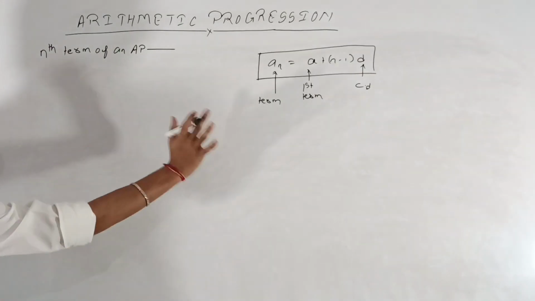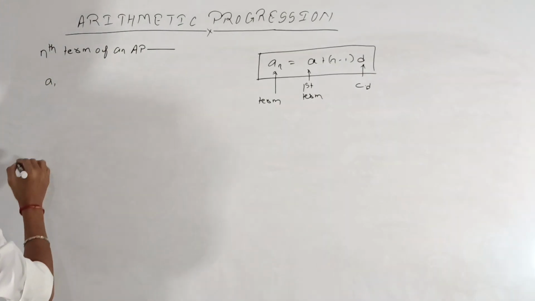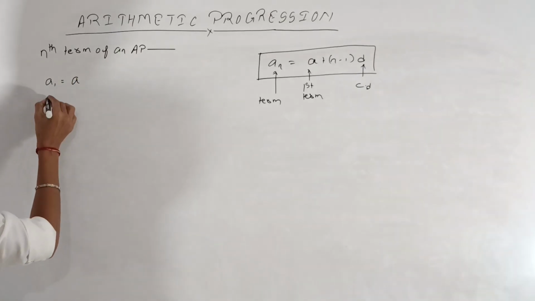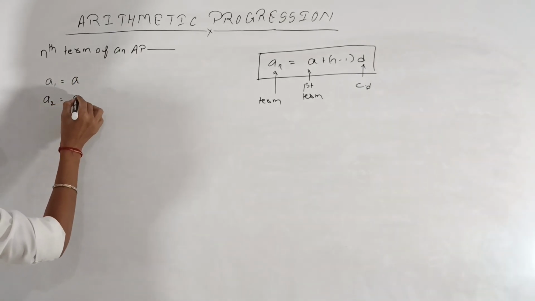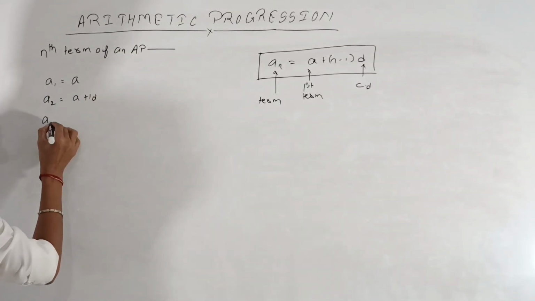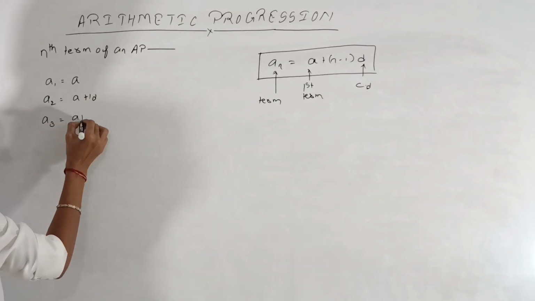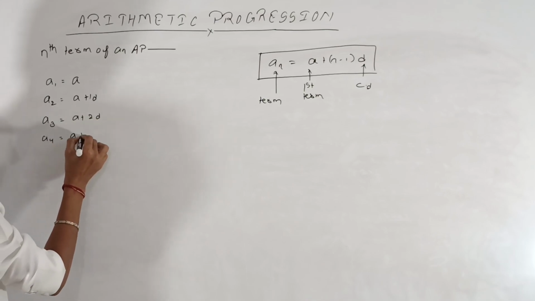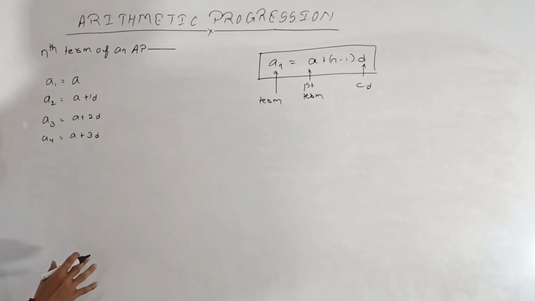So look, for the first term of AP, that is a1, we write a. Now for the second term, what do we write? A plus d, or a plus 1d. For the third term, a plus 2d. For the fourth term, a plus 3d.